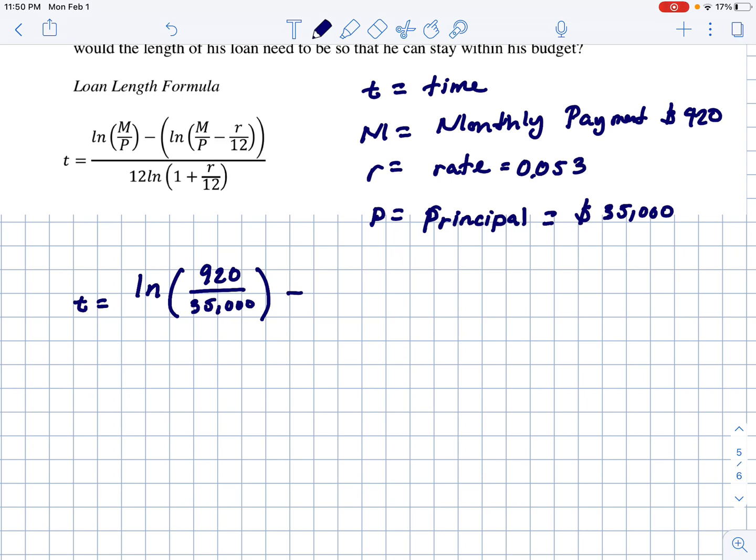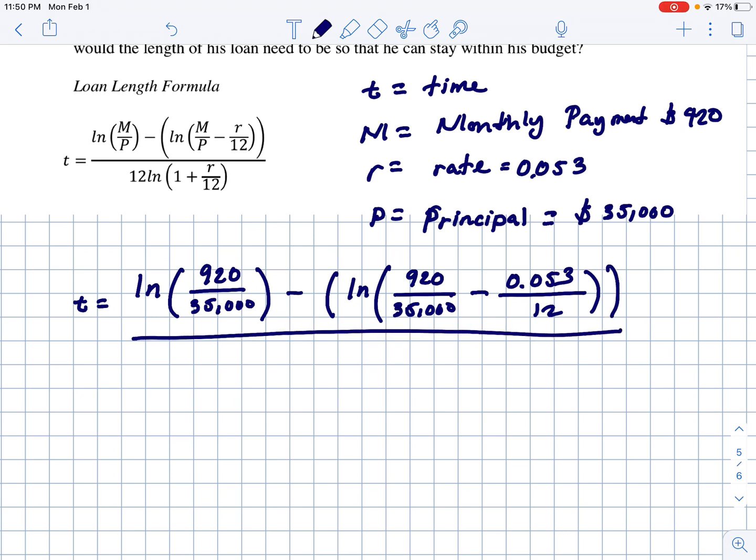Minus the ln, 920 over, okay, and 12 ln, 1 plus 0.053 all over 12.